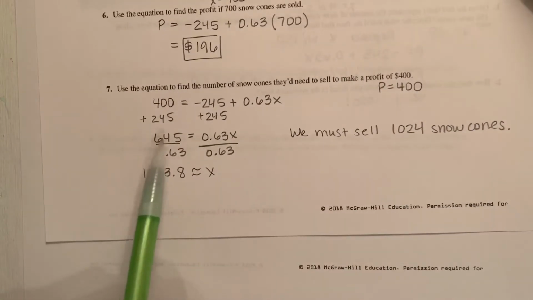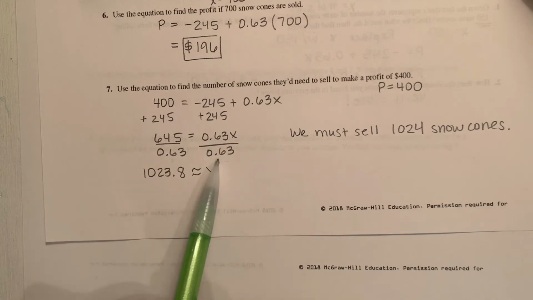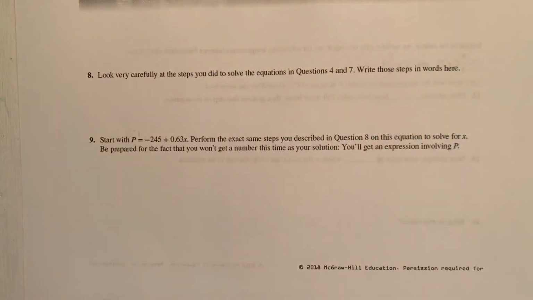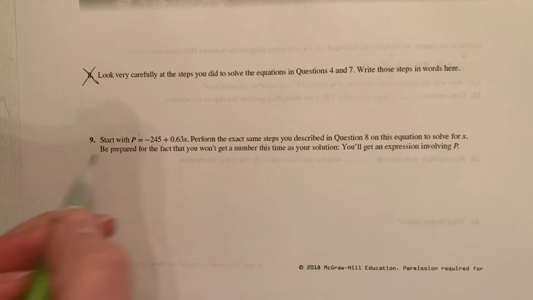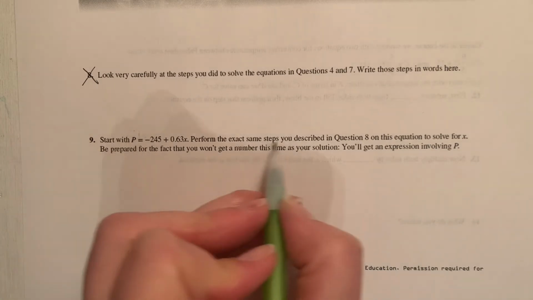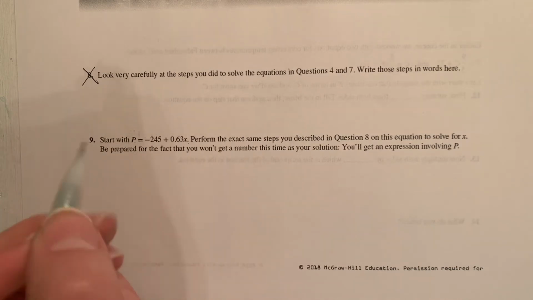We followed those same steps in number 7. We added 245 and then we divided by 0.63. I'm going to save some time and not actually write down what I just said, but just know that we've briefly talked about it. So number 9 says take that equation and go ahead and do those steps, but leave P as P and leave X as X.